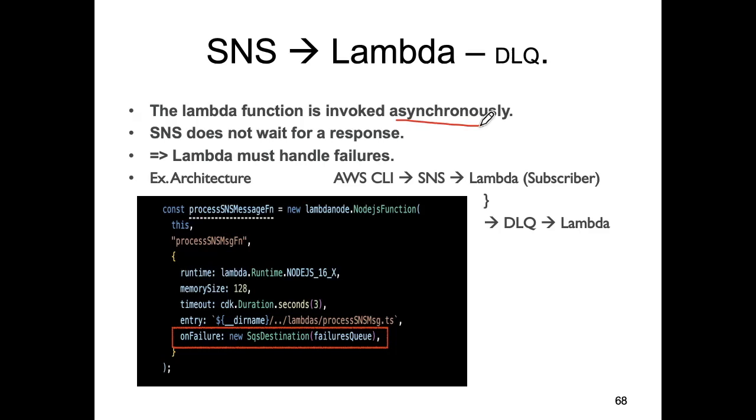It's an asynchronous communication. So that's part of the problem. SNS does not wait for a response, and so it's up to the Lambda service to handle error scenarios. And as I've already indicated, we employ a DLQ to do that.